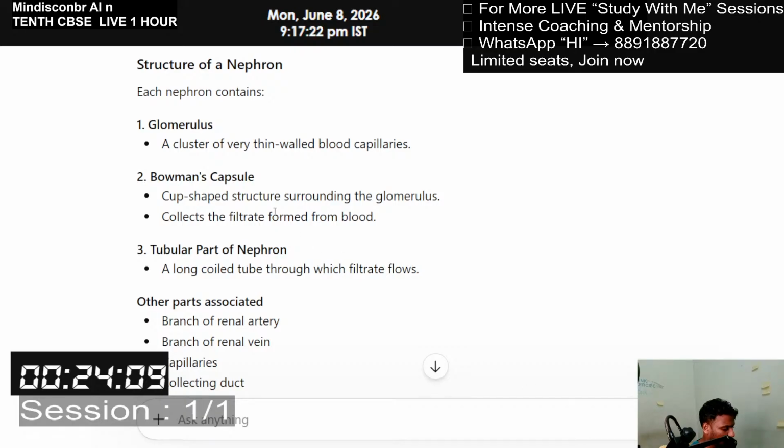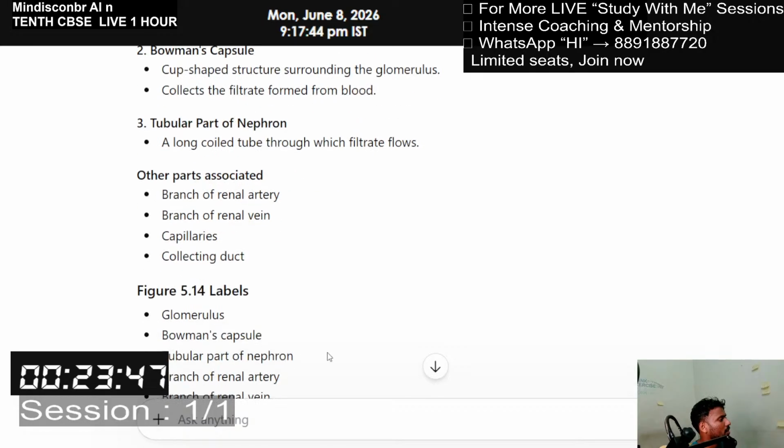A cluster of thin-walled blood capillaries, and Bowman's capsule is cup-shaped. This is Bowman's capsule. It surrounds the glomerulus and collects filtrate formed from the blood. Tubular part of nephron, a long coiled tube through which filtrate flows.